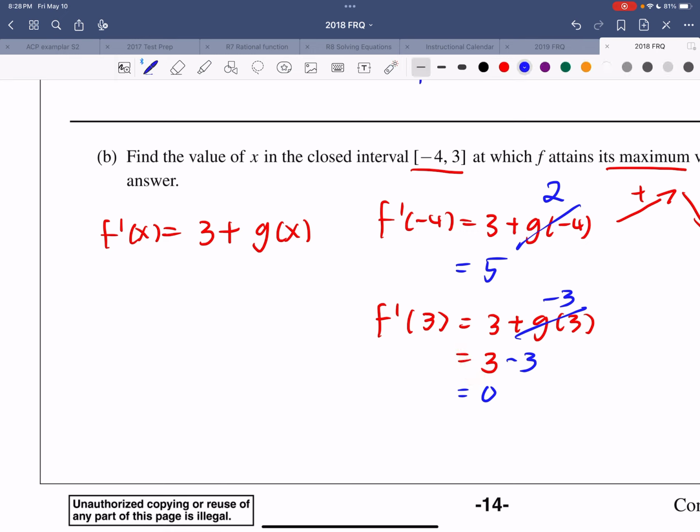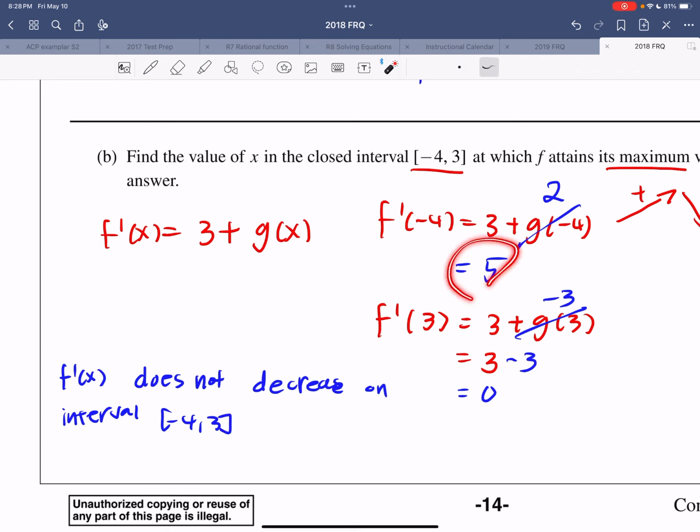So f prime of x does not decrease on interval -4, 3. Because do you see it's from 5 to 0, so we don't know, it's gonna be 5 to 0. It's connected, so there's no negative between here.